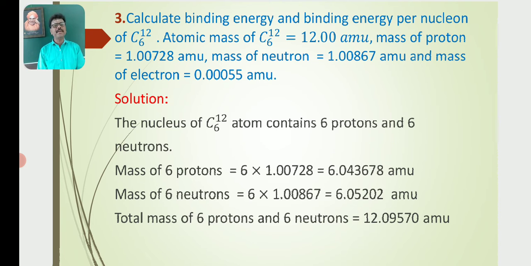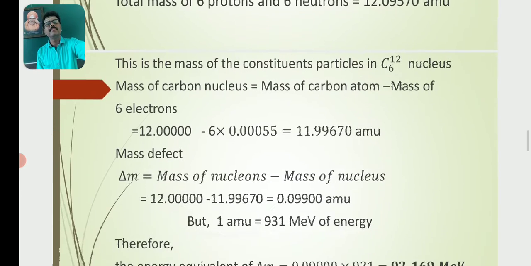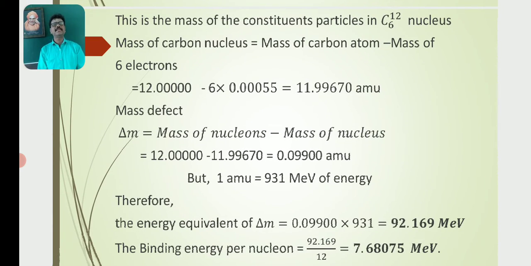Then the total mass of 6 protons and 6 neutrons is 6.043678 plus 6.05202. Then the total mass becomes 12.09570 AMU, atomic mass unit. So this is the mass of the constituent particles in the carbon-12 nucleus.